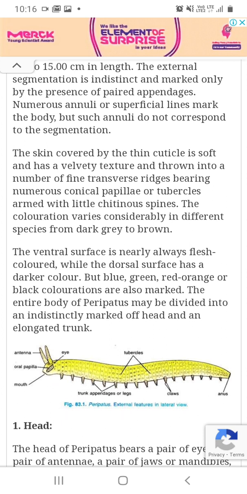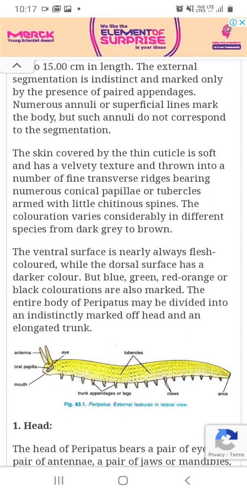The velvety texture covers the body, and the cuticle is thrown into a number of fine transverse ridges bearing numerous conical papillae or tubercles, which are armed with little chitinous spines.